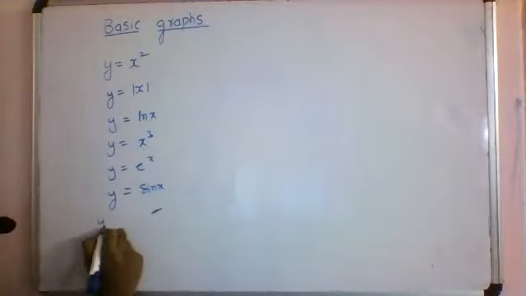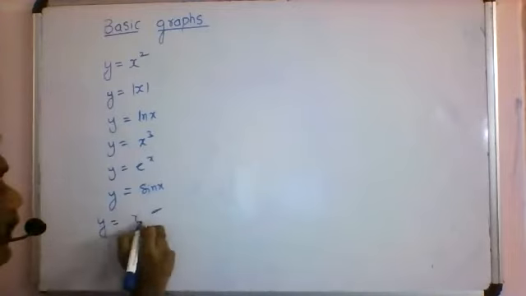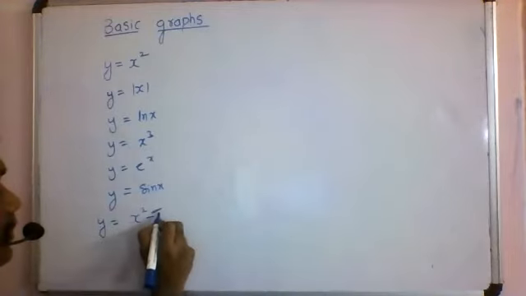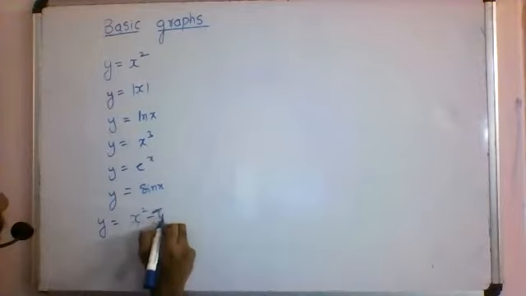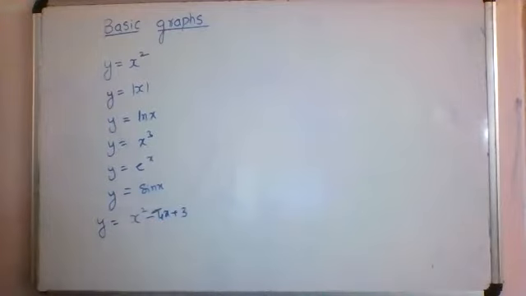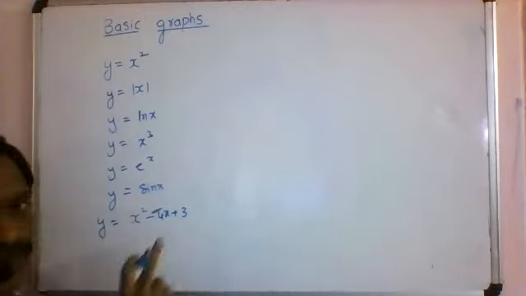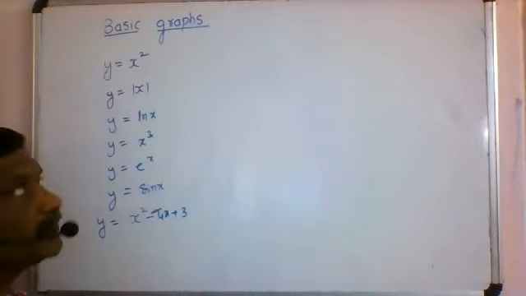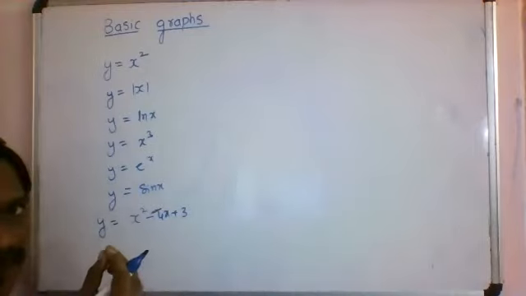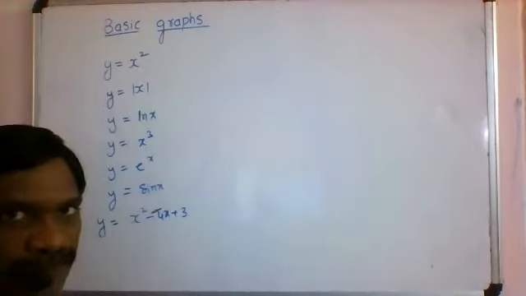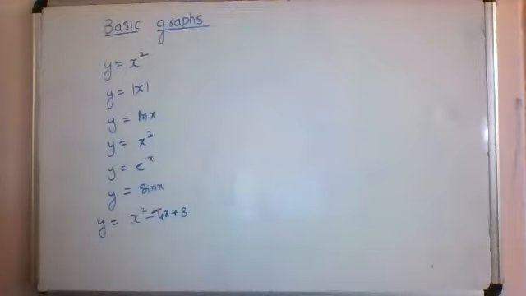And also y is equal to x square minus 4x plus 3. Okay, this is a quadratic actually. You should know how to draw the graph of this one also. All these graphs must be drawn instantaneously, without thinking, without taking scale and everything.